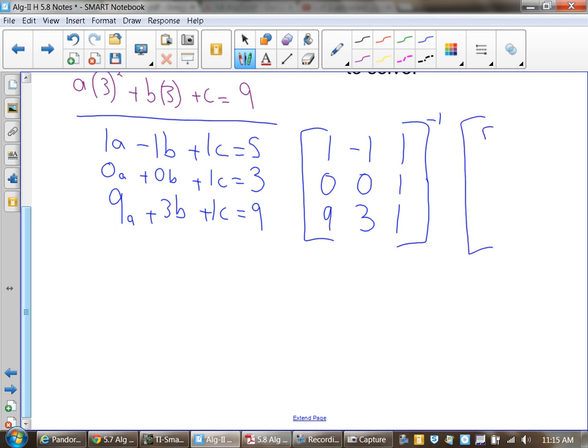I multiply that by 5, 3, 9. The way that the pattern works out is that we have listed going across as A, B, and C. So when you get your answer, it is going to be a row matrix that A equals, B equals, and C equals. So you type that through, what do you get? 1, negative 1, and 3.